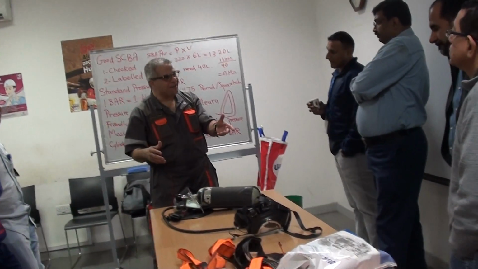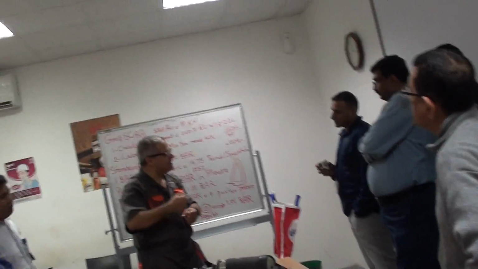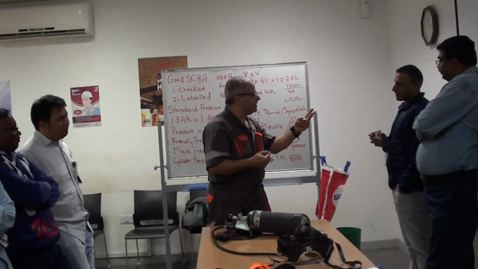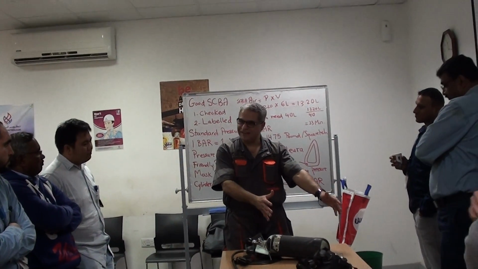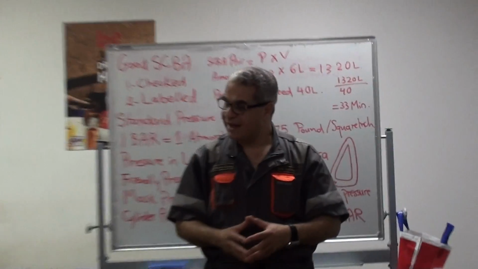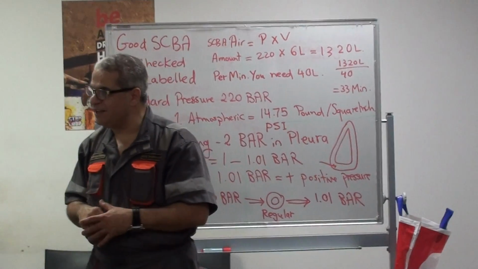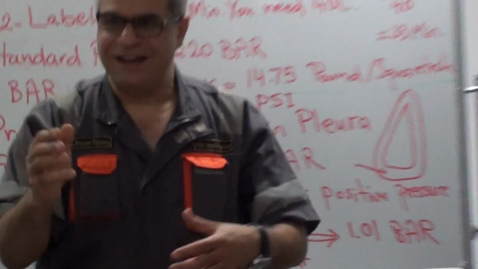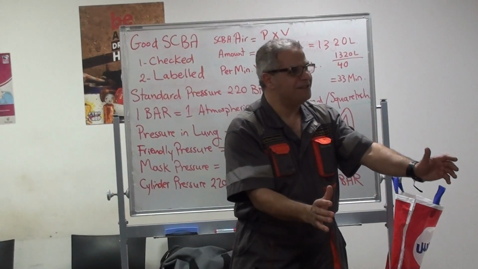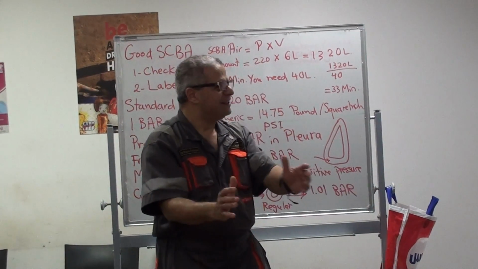To accommodate another 6 liters, I need to increase the pressure to 2 bar. So now we have 12 liters at 2 bar. To accommodate another 6 liters, I need to raise the pressure to 3 bar. I have accommodated 18 liters at 3 bar.